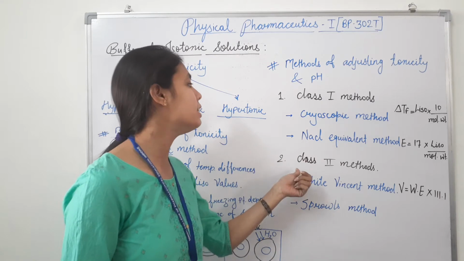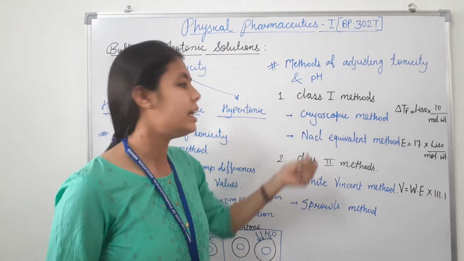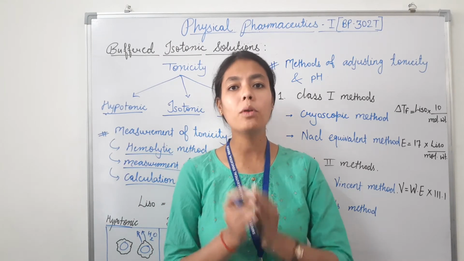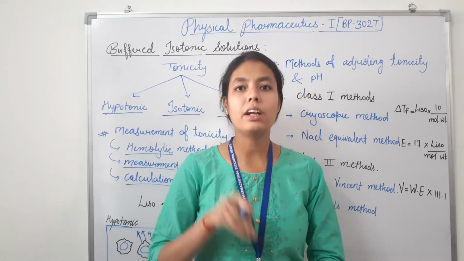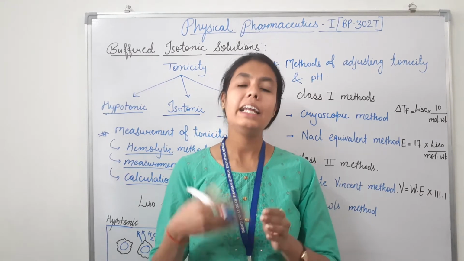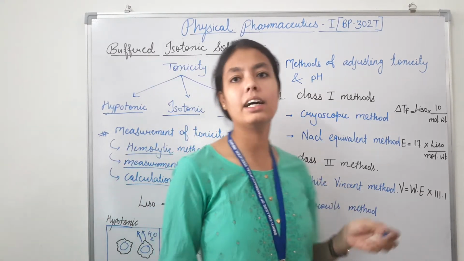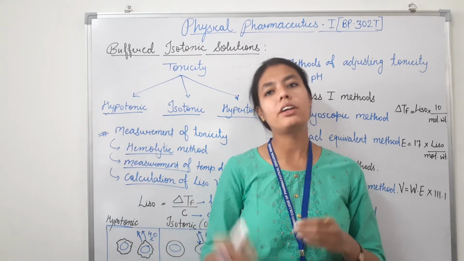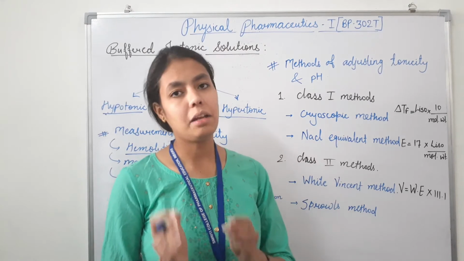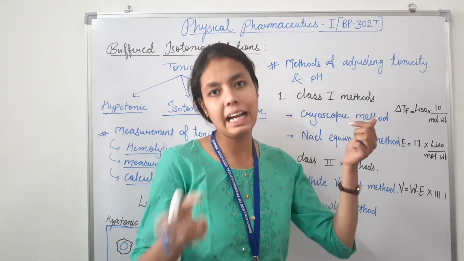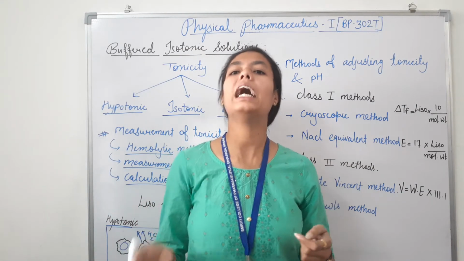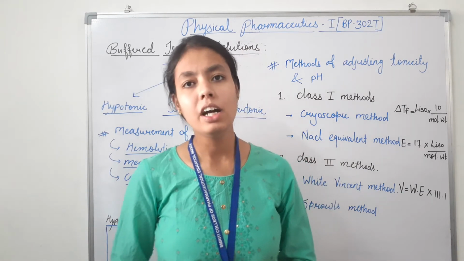There are two methods, class 1 method and class 2 method. In class 1 method, sodium chloride is added to the drug solution to make it isotonic with the body fluids, and in class 2 method, water is added to the drug solution to make it isotonic with the body fluids. That means in class 1 method we add NaCl to adjust the tonicity, and in class 2 method we add water to maintain the tonicity.